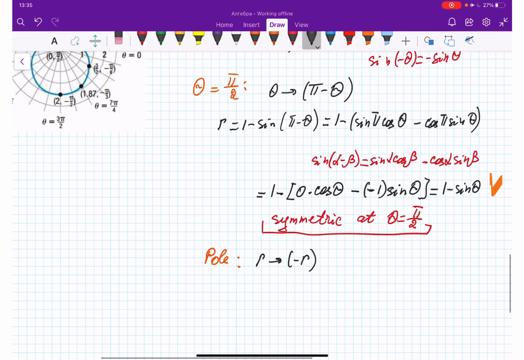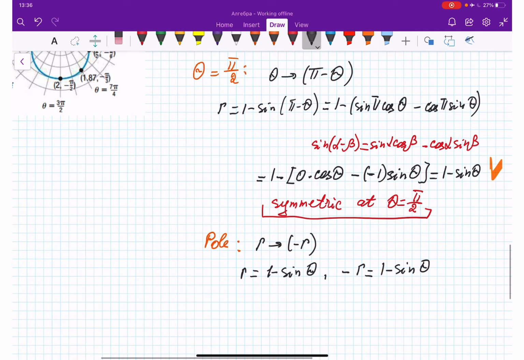Then negative r is going to be equal 1 minus sine theta, and from here, r is equal negative 1 plus sine theta, right?